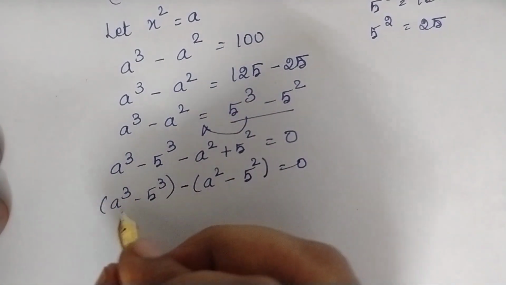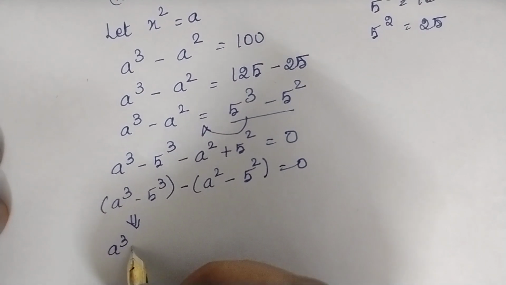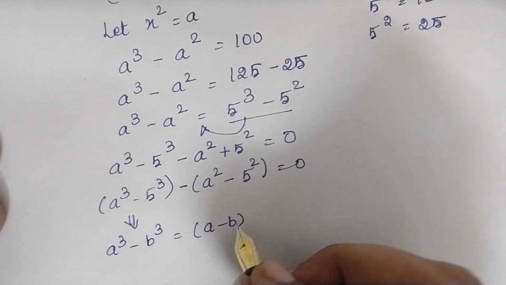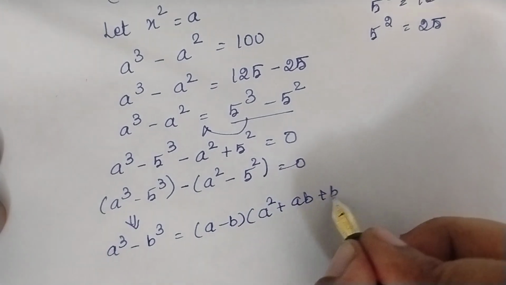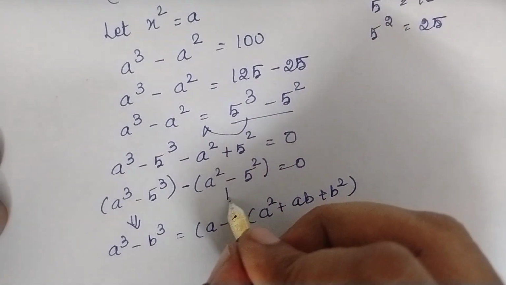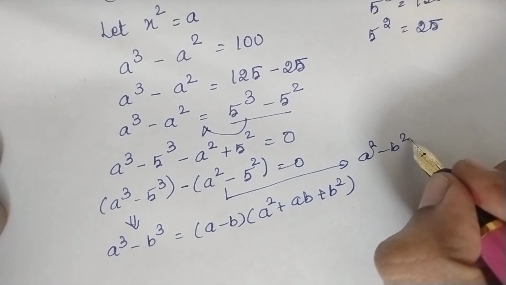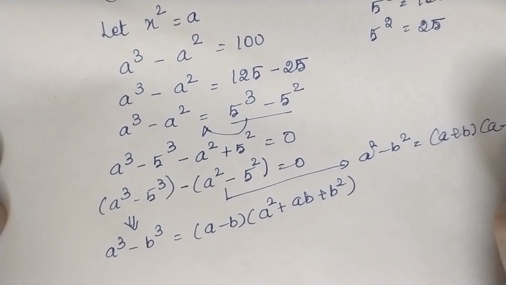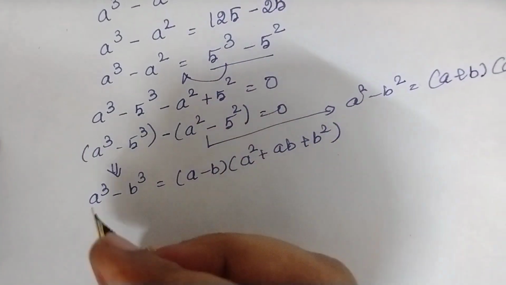So if you see here, this is in the form of a cube minus b cube which is equal to what? a minus b of a square plus ab plus b square. Similarly, if you see, this is in the form of a square minus b square which is equal to a plus b into a minus b. So this is the formula. So just use that formula in this place.